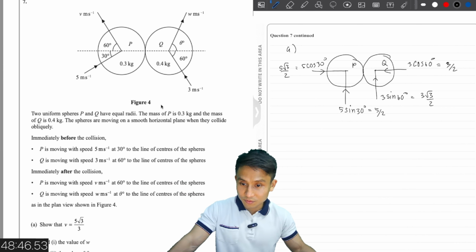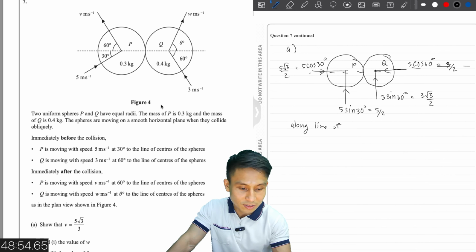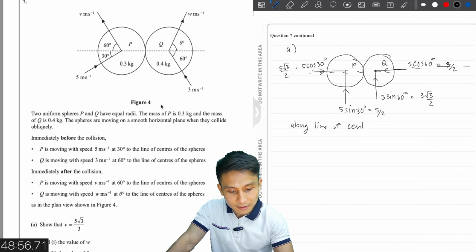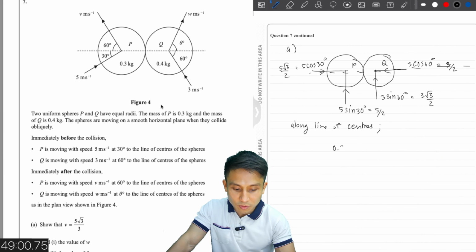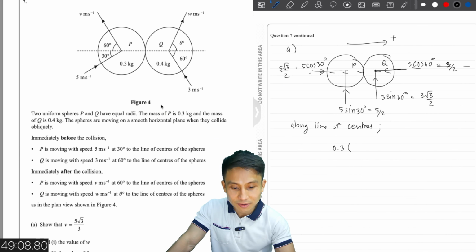Now, yeah, conservation of linear momentum along the line of center, which is the one parallel to the line of centers there. We have MP, which is 0.3 times the initial speed to the right. Let's convert rightward as positive. 0.3 times 5 cos 30, which is 5 root 3 over 2.